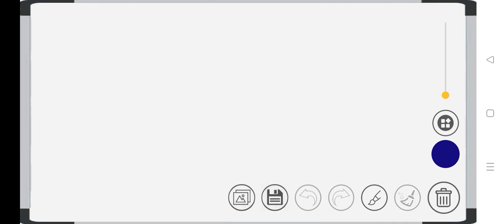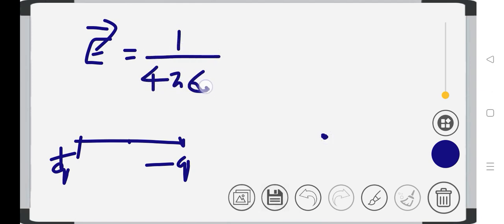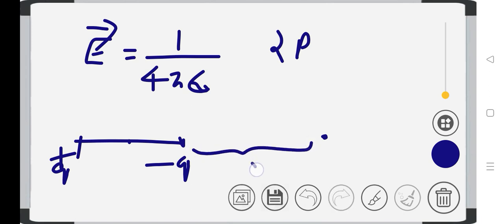In electrostatics we have the electric field. This is the dipole in electrostatics, plus q and minus q, with a distance of 2a separating them. Suppose this is the distance x. So the electric field along the axis is equal to 1 by 4 pi epsilon 0 into 2p by x cube.